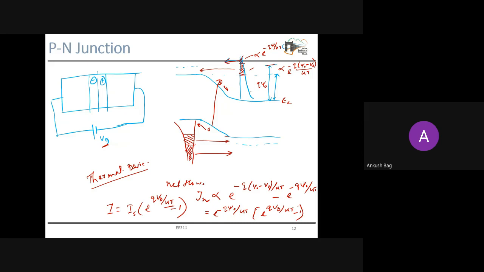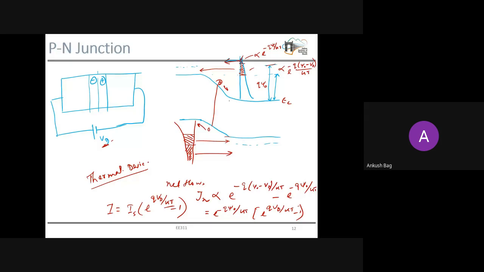Here we have the electron concentration in the p side and the hole concentration in the n side, and by applying forward or reverse bias, we decide how many electrons or holes will cross this barrier. We are not giving any external energy; this Vd is not the energy we are providing to the electrons and holes.